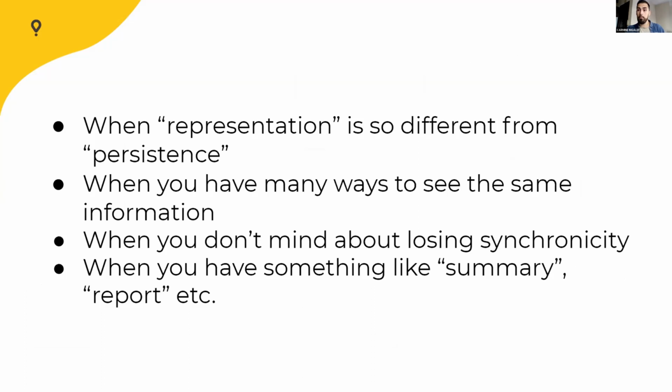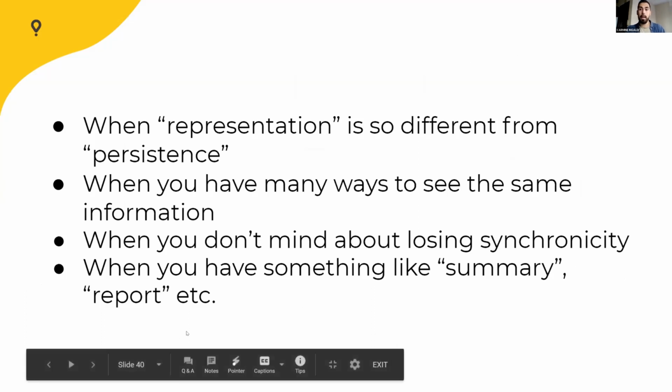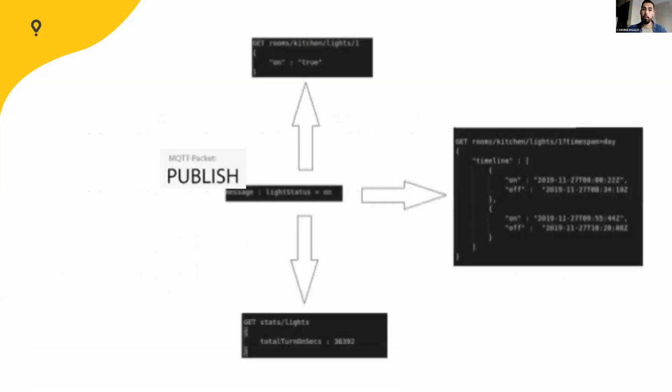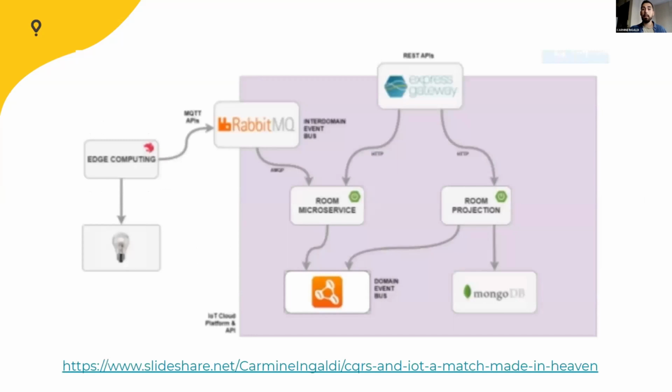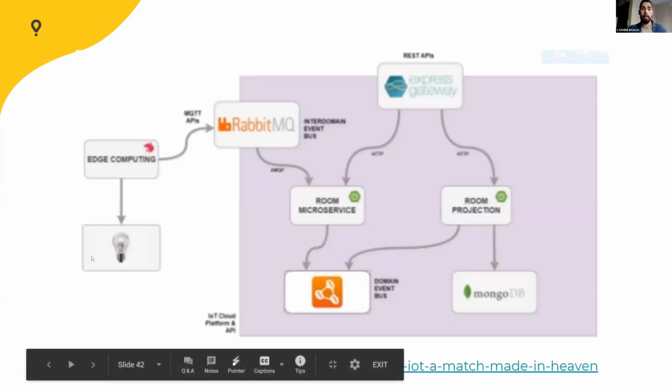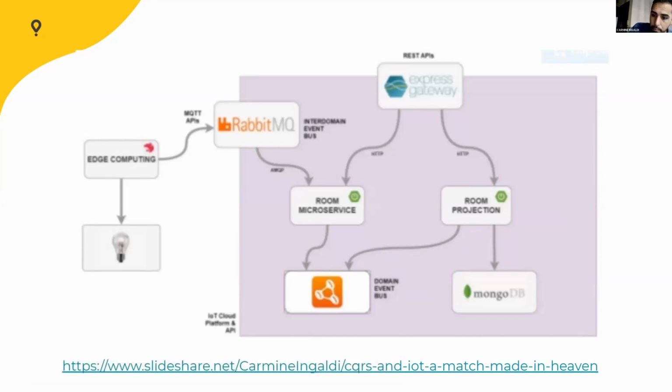But it's important when, for example, we have to provide summaries, statistics, or when we have asynchronous interaction. For example, I found it very interesting to apply in IoT applications where you have an MQTT message that triggers behaviors in the backend, and then you can render dashboards to show historical data, statistics, and so on.